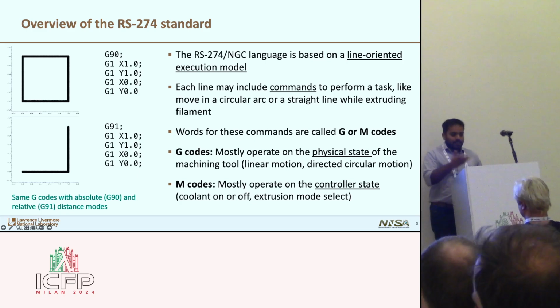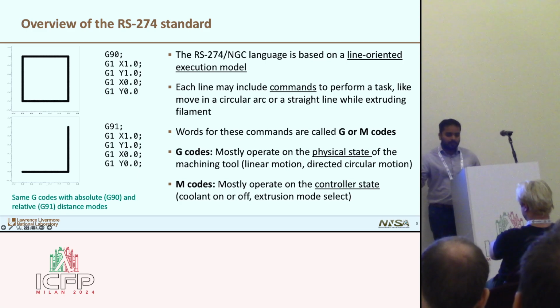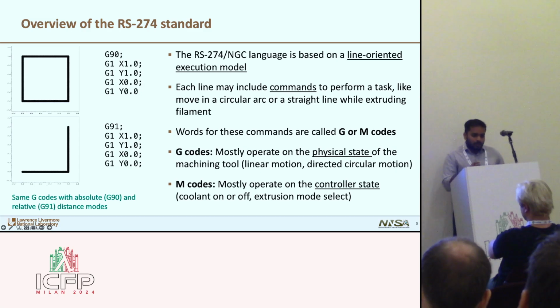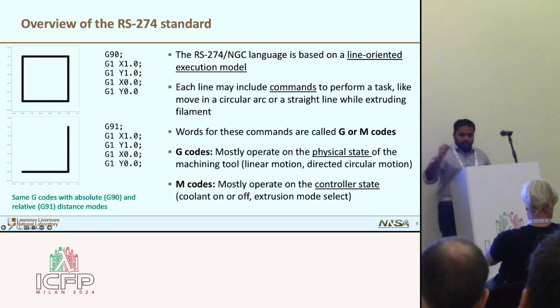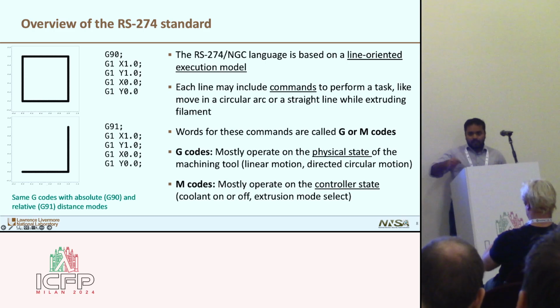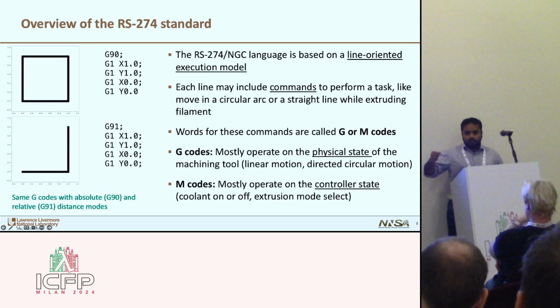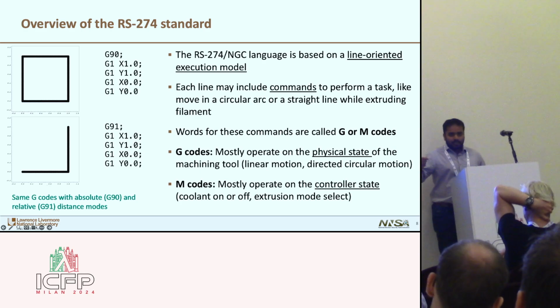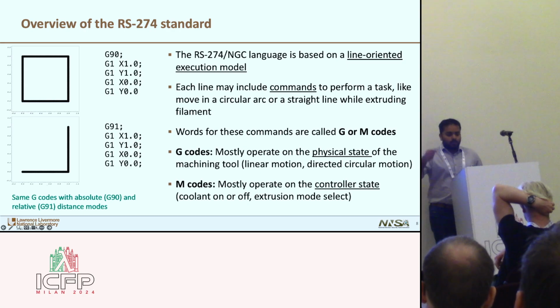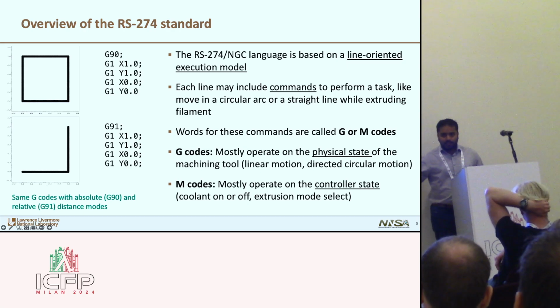So on the left-hand side of the slide, I have presented an example of what this RS-274 language looks like. As you can see, these are a set of G instructions followed by some axis commands. So let's look at the first example where we print a square. Let's assume that the printer head starts from the origin of the coordinate system, 0, 0. Now when we instruct G1 X1.0, it tells the printer head to move 1 unit in the x direction in linear motion.